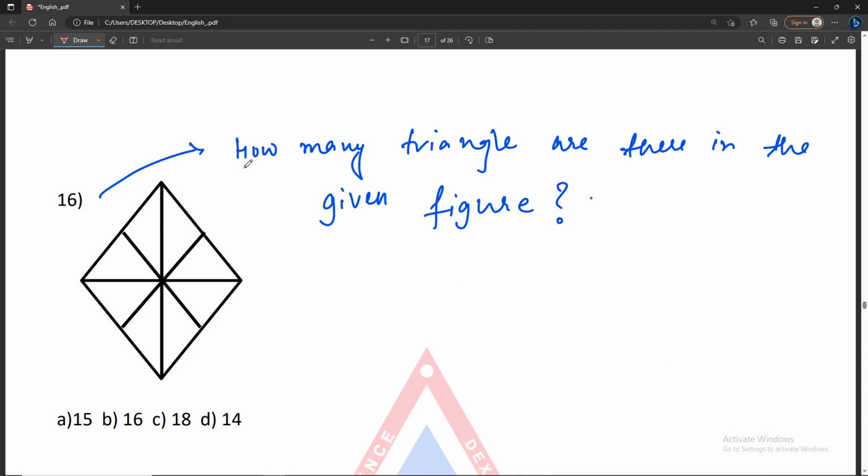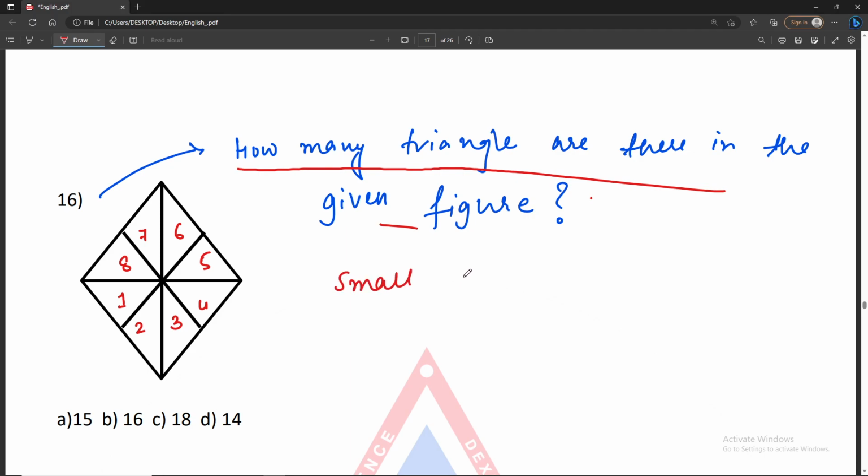Okay, so what is the question? How many triangles are there in the given figure? Okay, so you can see, if we remove this, or you can do directly, it's 1 2 3 4 5 6 7 and 8. You can see 8 small triangles, it's 8.